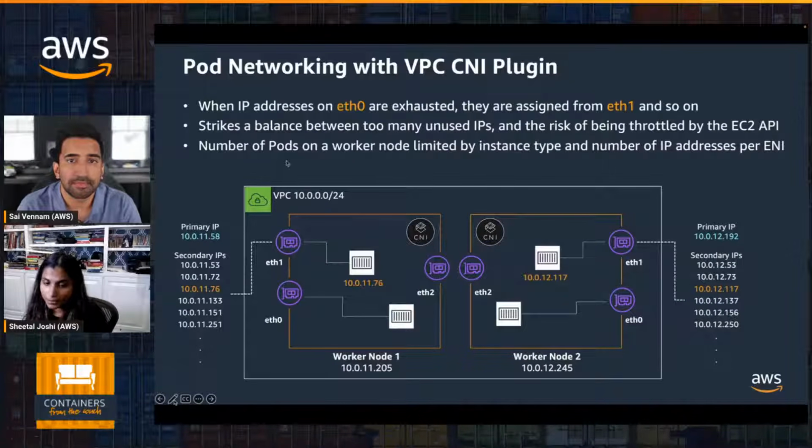And that makes the number of pods on a worker node limited by the number of IP addresses and the number of ENIs that a node or an instance type can handle. So whenever you are selecting the instance type for your nodes, please be aware of the number of ENIs and also the IP limits for those ENIs.